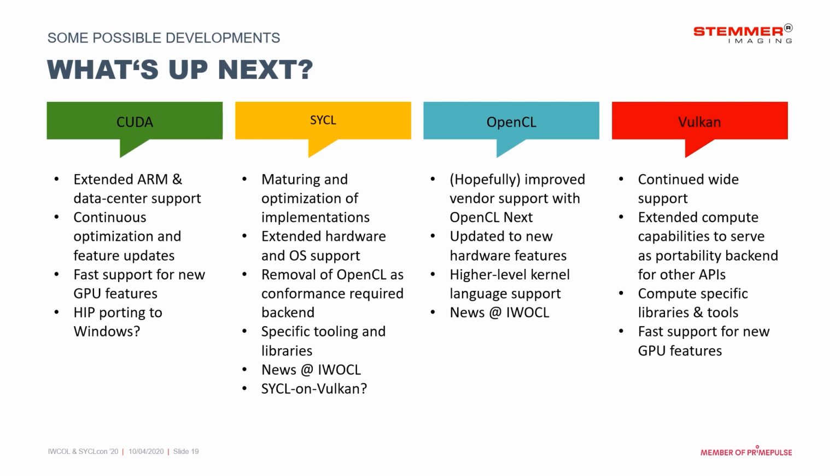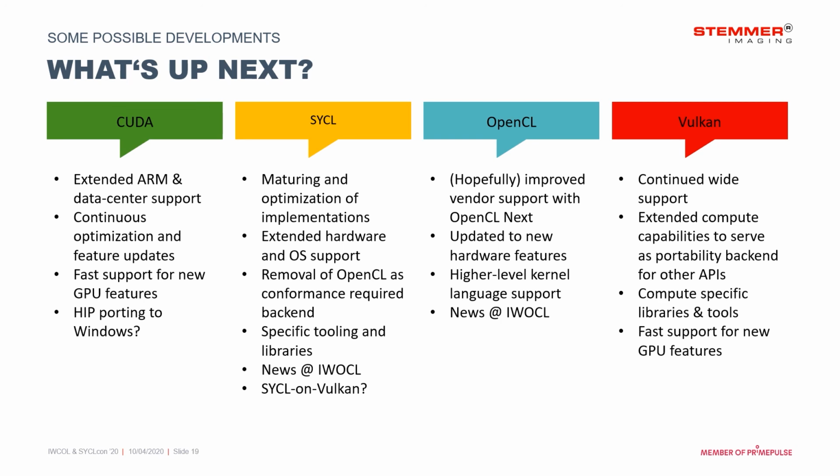For OpenCL, I hope that the new standard OpenCL Next will improve vendor support again, so that there are many new features that can be used on more GPUs and devices. Also, I expect OpenCL to get some support for new hardware features again and again, but this will probably be mostly due to extensions.